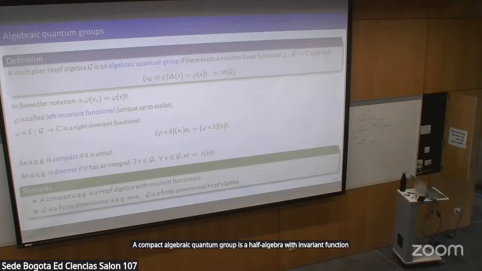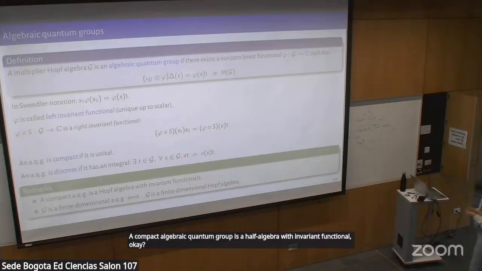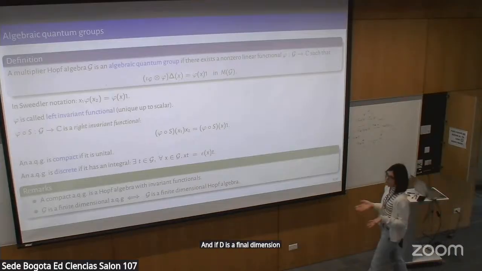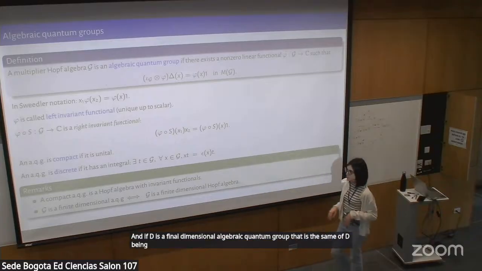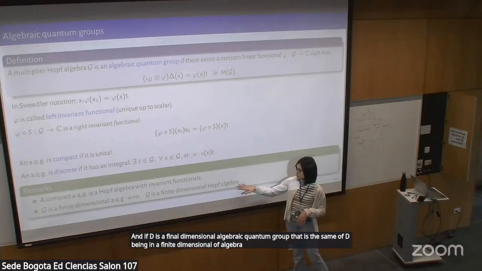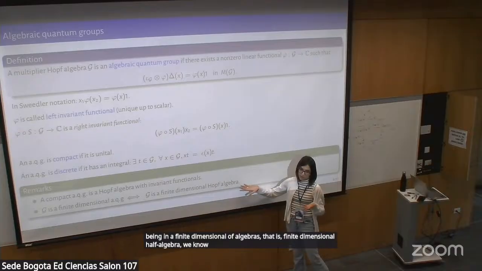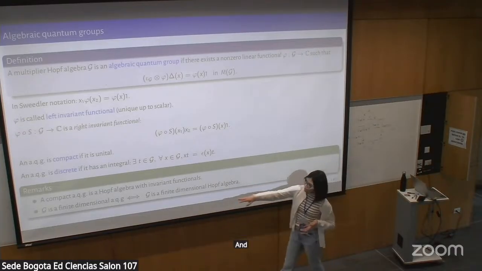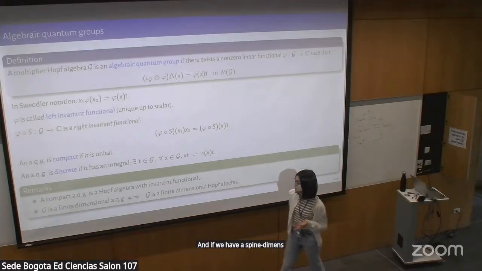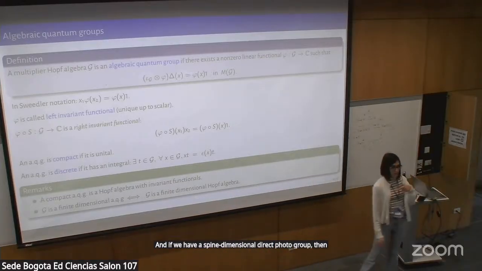And if G is a finite dimensional algebraic quantum group, that is the same as G being a finite dimensional Hopf algebra. For finite dimensional Hopf algebras, we know that they are multiplier Hopf algebras and they have invariant functionals. And if we have a finite dimensional algebraic quantum group, then it has a unit, so it is a Hopf algebra.